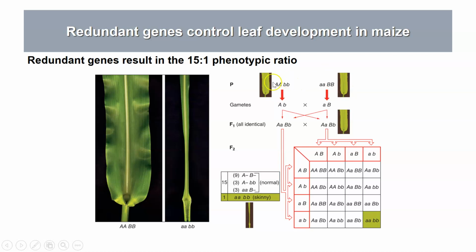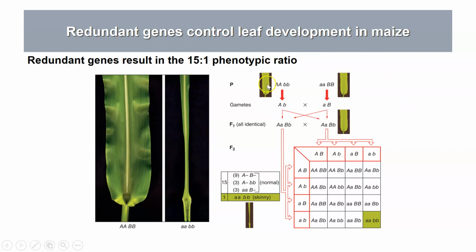And as long as you have a dominant allele of either A or B, they're basically providing the same function. If you have a functional allele of A or B, you'll produce this phenotype, the broad leaf. If you lack a functional allele, homozygous null for both A and B, this produces this skinny leaf phenotype.